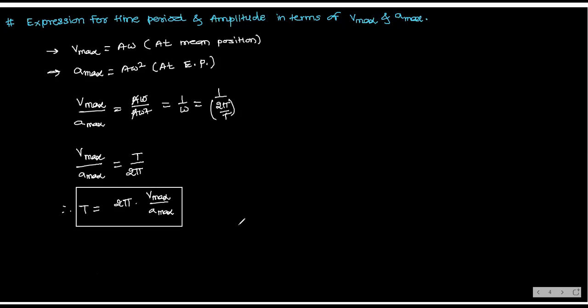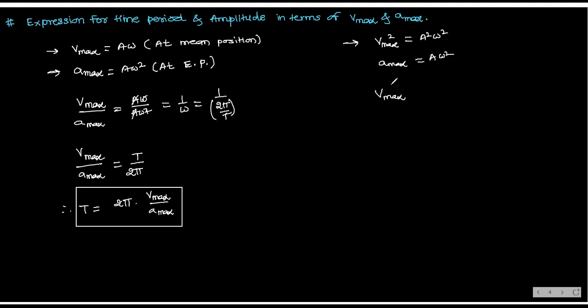Now again amplitude I want, because here in the heading amplitude also I want to find. So what I am doing now, V max square is equal to A square omega square. Okay, and A maximum already I got. What is that? A omega square. Let's divide these two.